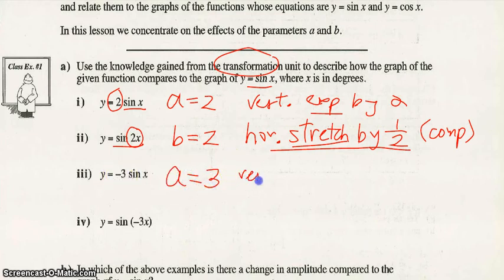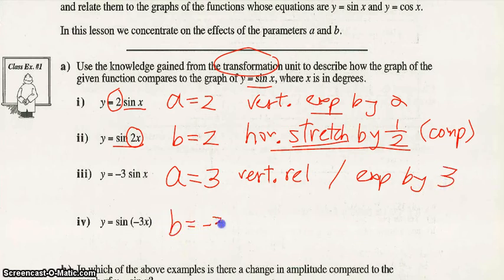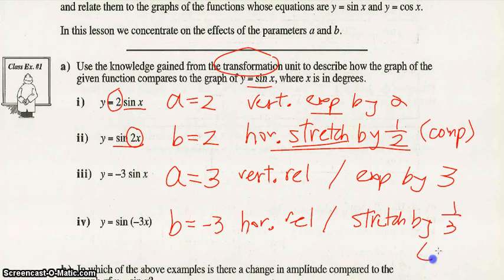It's a vertical reflection. And also it will be expanded by 3. Same for negative: it will be a horizontal reflection, and then it will be stretched by 1/3, which we know is therefore a compression.